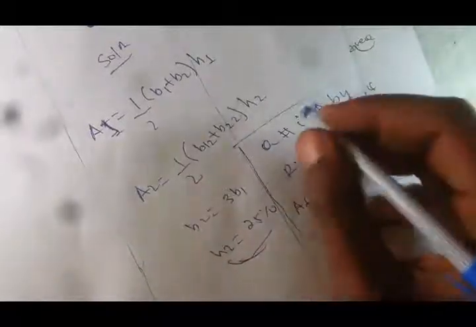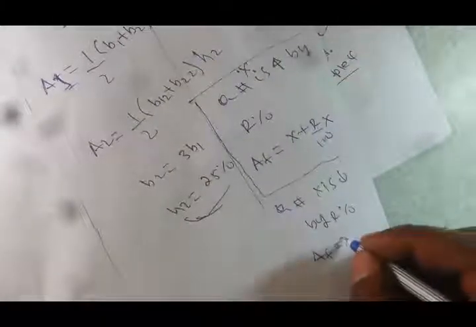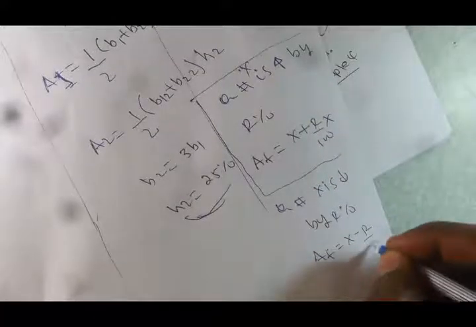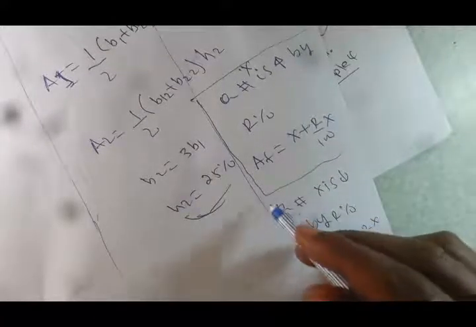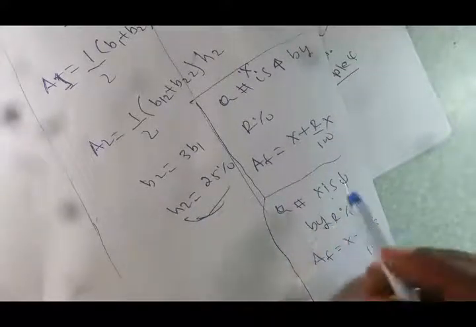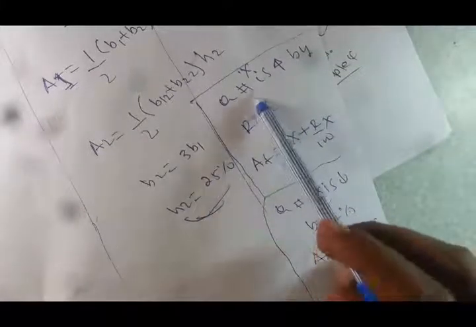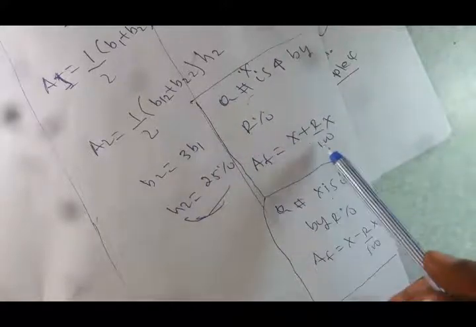When a number x is increased by R%, it means x plus R over 100 of x, and when a number x is reduced by R%, it means A final is equal to x minus R over 100 of x. You have to use this formula always. You have to remember this too.